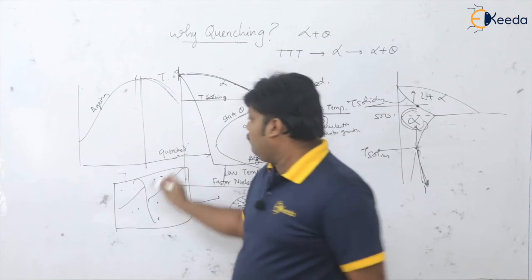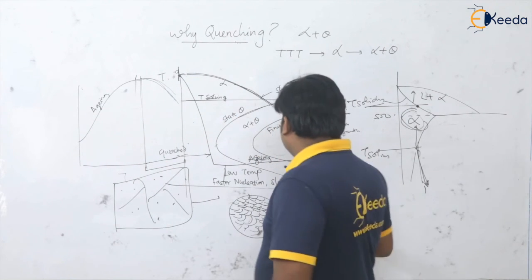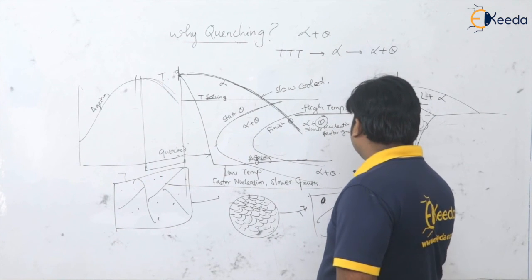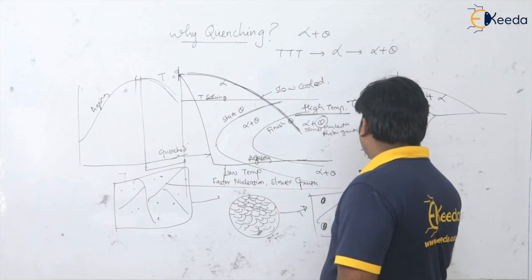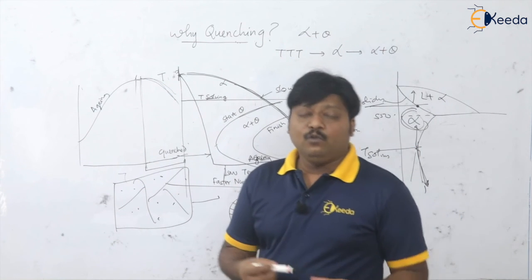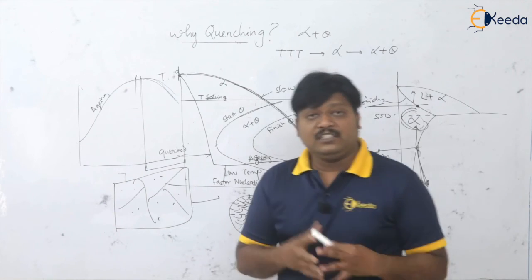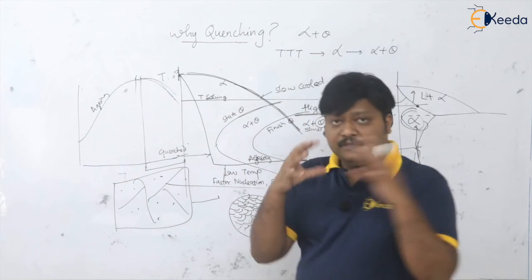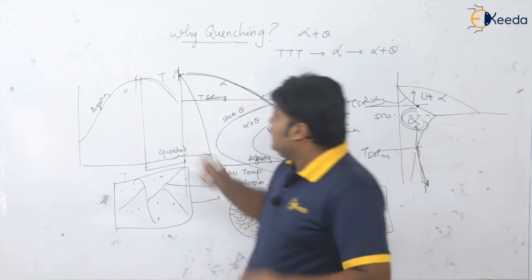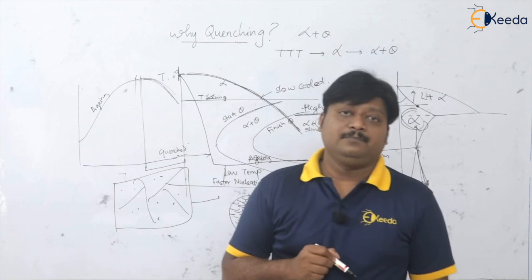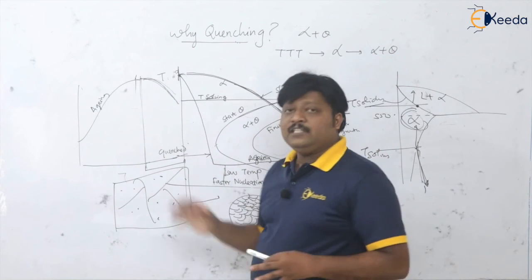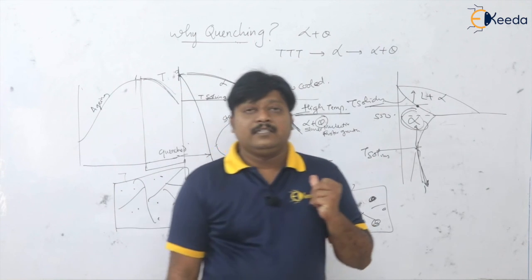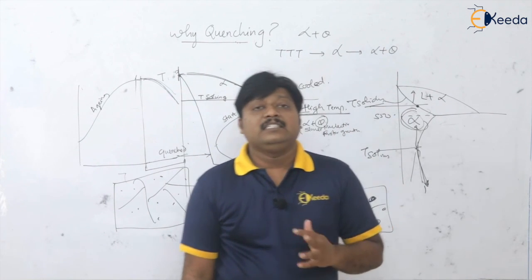Now if more time passes, this theta starts to become coarse. And you know that when there is a coarse precipitate or coarse structure, with a bigger grain size, definitely the hardness decreases. So dear students, this is precipitation hardening, or age hardening.